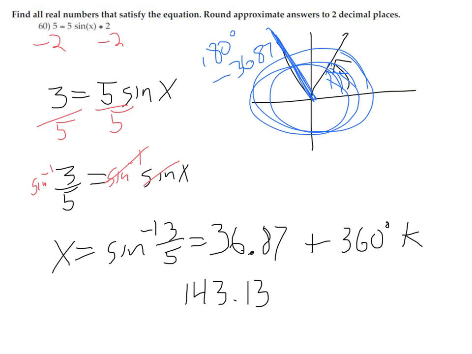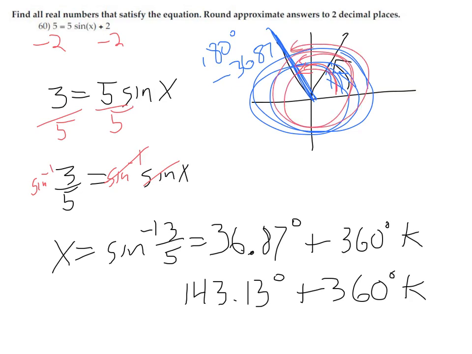Because we need all real solutions, we need to do this one on every one of them. Now I realize I forgot a degree symbol on our previous, and here's a degree symbol. And that one's also going to be 360k. And that will get this answer, and this answer, and this answer forevermore. Okay, that completes this section.